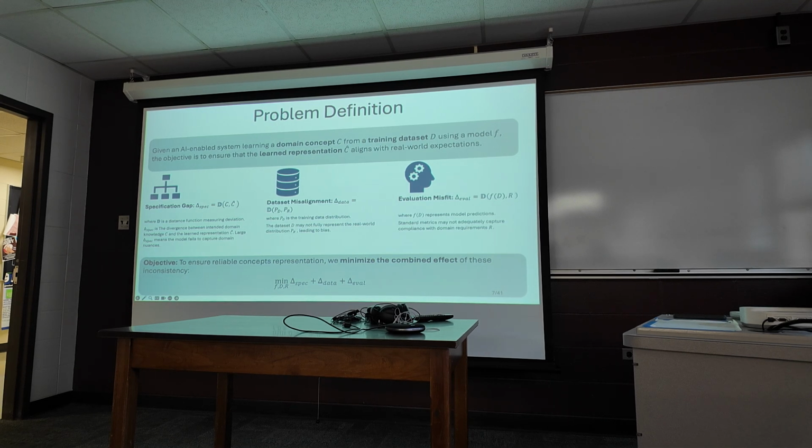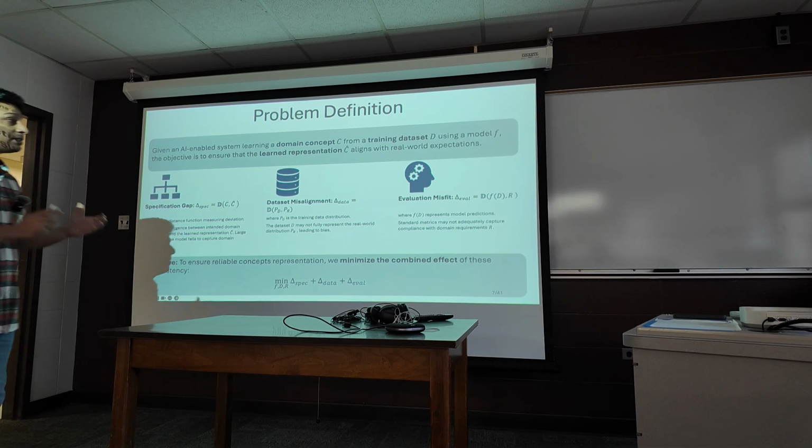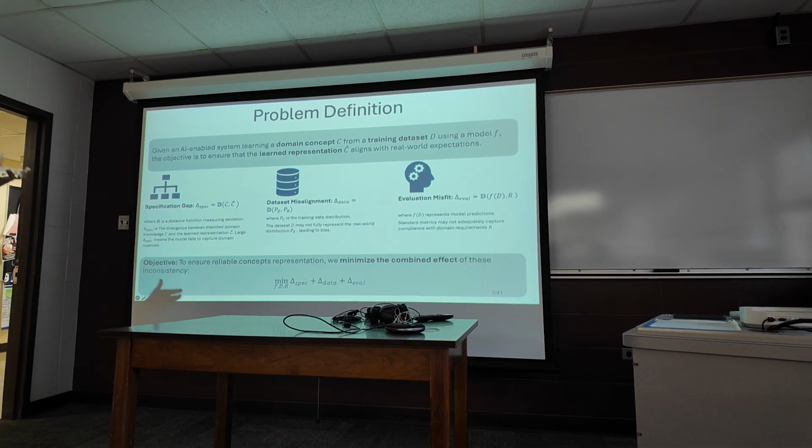Also we have dataset misalignment. We measure it with delta data, where again D is a distance measure between the probability of the training data distribution and the probability of the real-world distribution. The dataset may not fully represent the real-world distribution, leading to bias. Also we have an evaluation misfit, which we call delta evaluation.